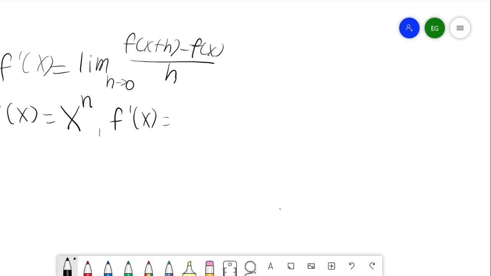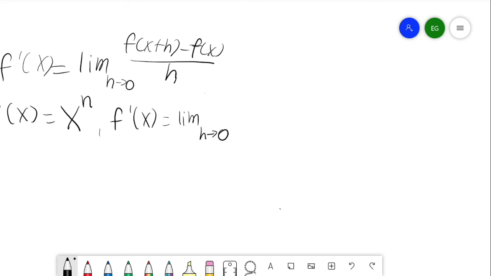Now, we have the limit as h approaches 0 of, let's see. Okay, so we already have x plus h to the n. But if you don't remember, we already derived the formula of x plus y to the n on this channel.